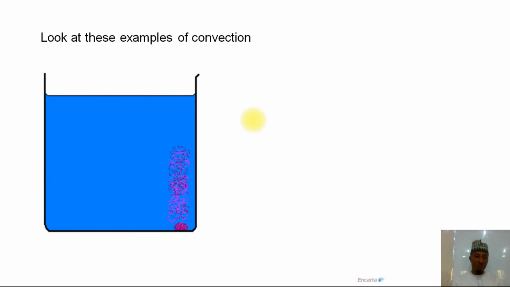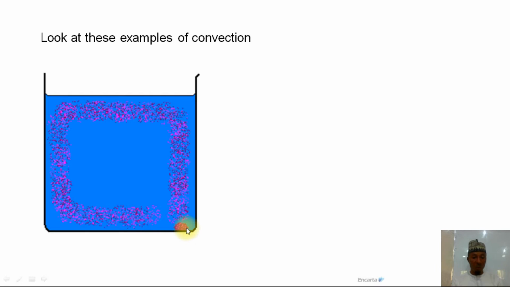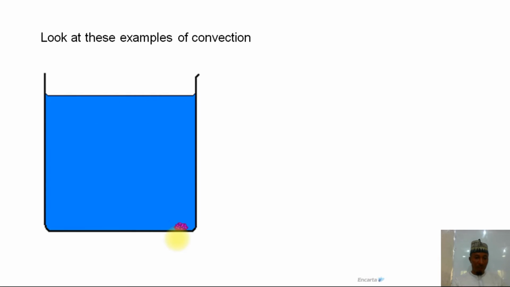One way to demonstrate this is by the use of this setup here. Fill up a beaker with a liquid to any given volume. Now you insert a tiny piece of potassium permanganate, and then you heat up the liquid from this side where we have the potassium permanganate.